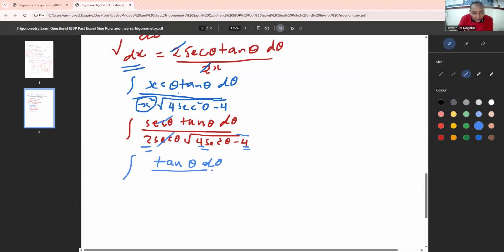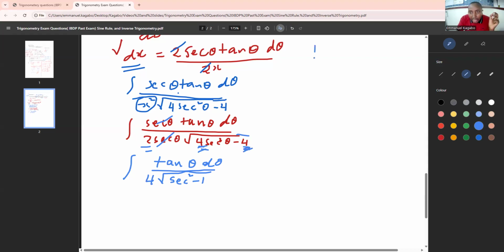Okay, over 4 square root of sec squared theta minus 1. Let me repeat one more time to make sure you understand. This 4 here and this 4, they are common.